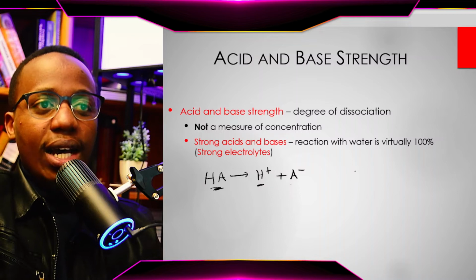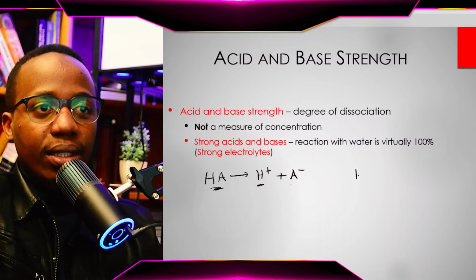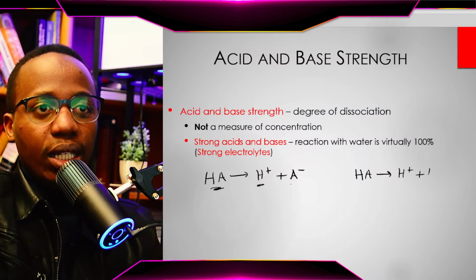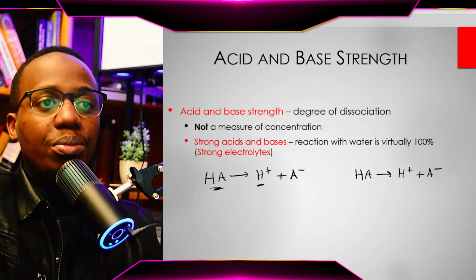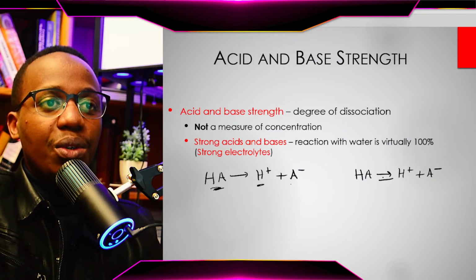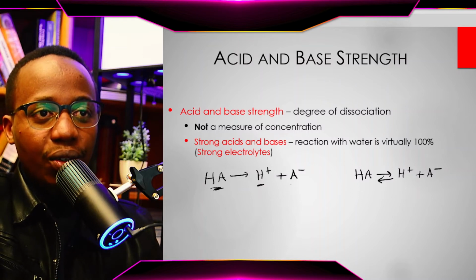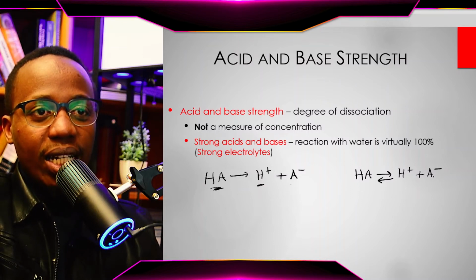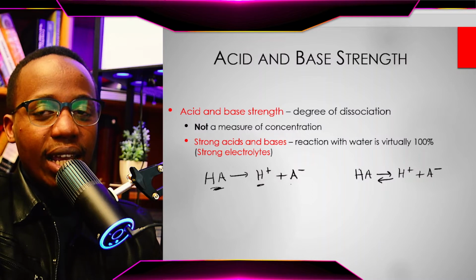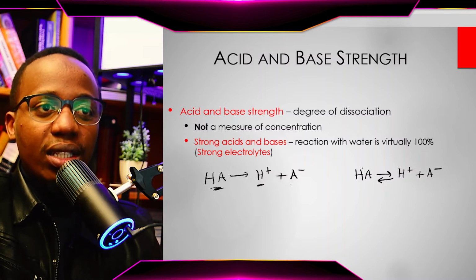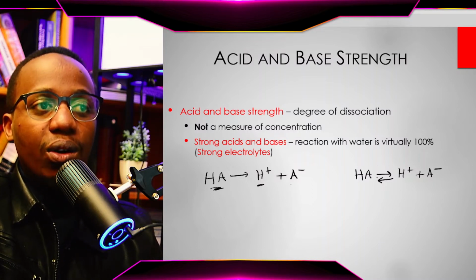But a weak acid, right? So let's have HA turn into H plus and A minus. It won't dissolve completely. It will be a reversible reaction. So as you make H plus and A minus, these will be making HA. That means that HA will never completely dissolve.